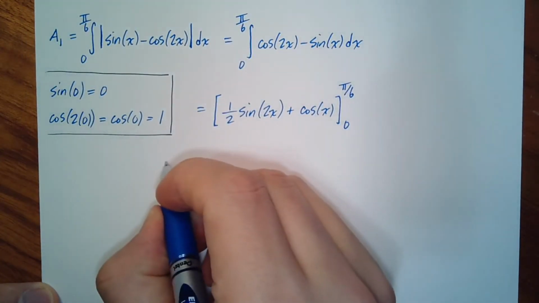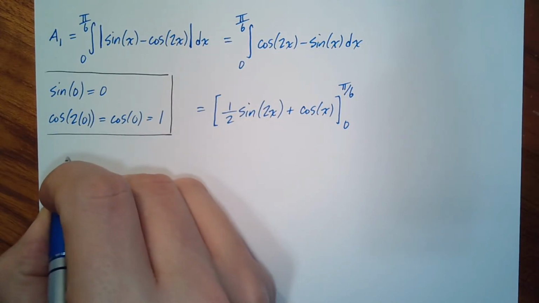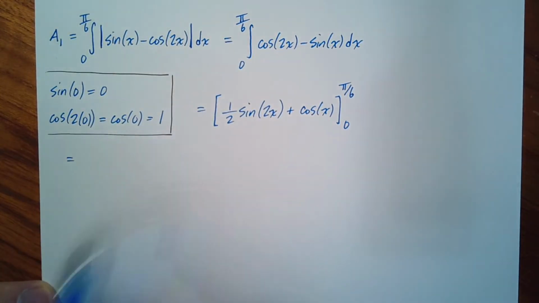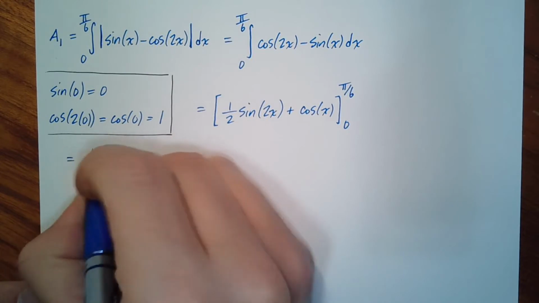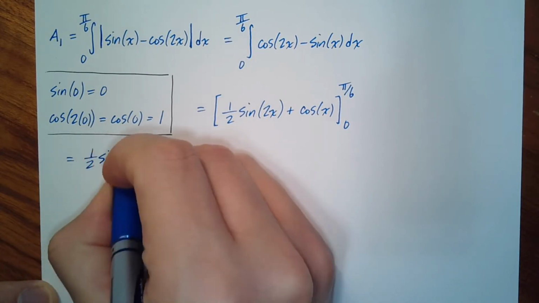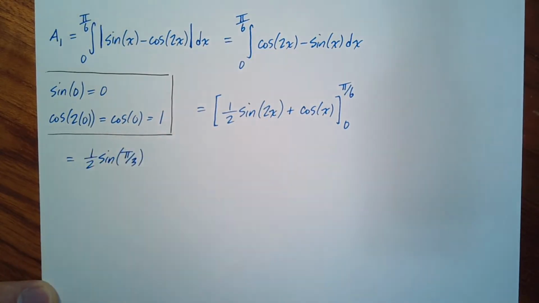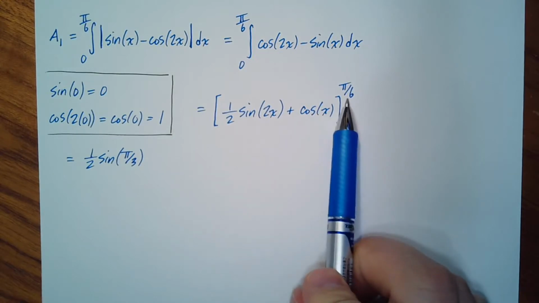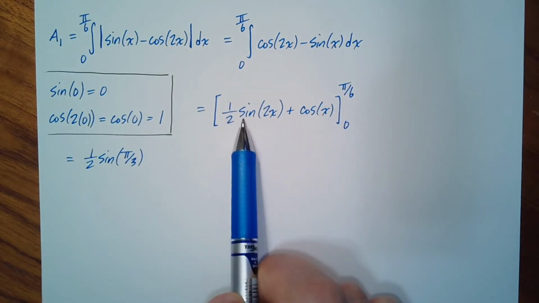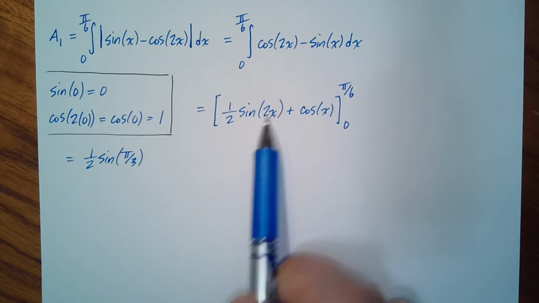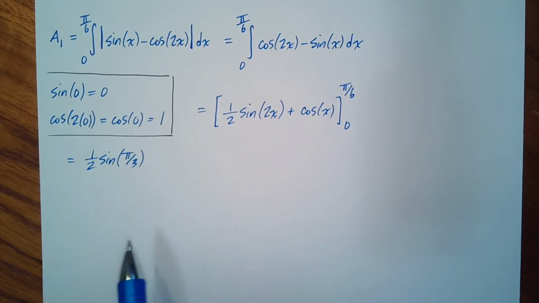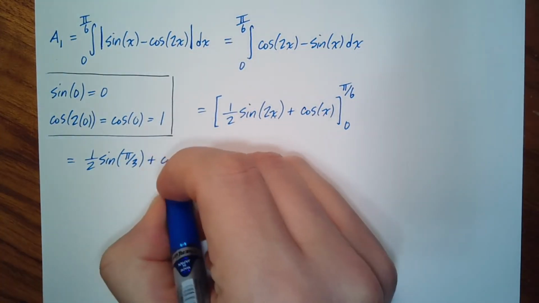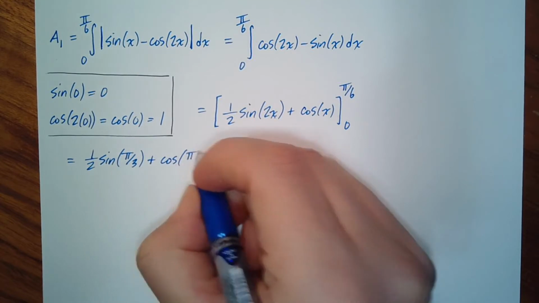Okay, now let's go ahead and do that. So what we're going to get, I'll just put this over here so we have space. So if I plug in pi over 6, I'll get 1/2 times sine of pi over 3. Right? If I plug in pi over 6 for x here, I'll get 1/2 sine of 2 times pi over 6. 2 times pi over 6 is pi over 3. So that's where that came from. And then we have plus cos of pi over 6.